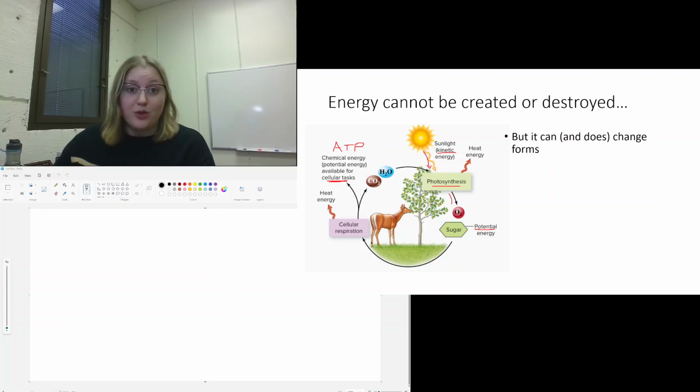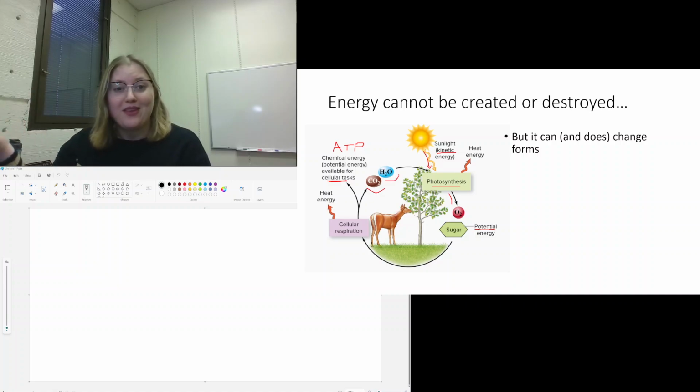Now, cellular respiration produces some byproducts, and those are carbon dioxide and water. And if you look at our cycle, that carbon dioxide and that water goes right back into our cycle because those are the reactants in our photosynthesis reaction.